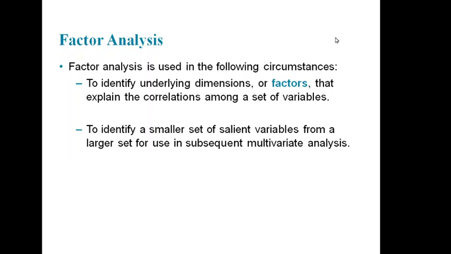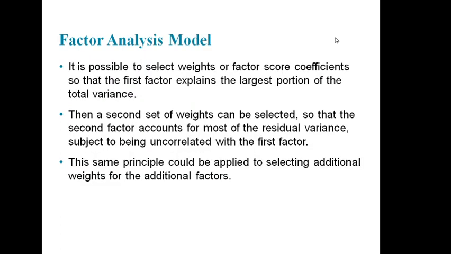Second use is to identify a smaller set of salient variables from a larger set for use in a subsequent multivariate analysis. So when you reduce the dimensions into manageable factors, it is easier for you to conduct further multivariate analysis. So for that purpose, you use factor analysis.